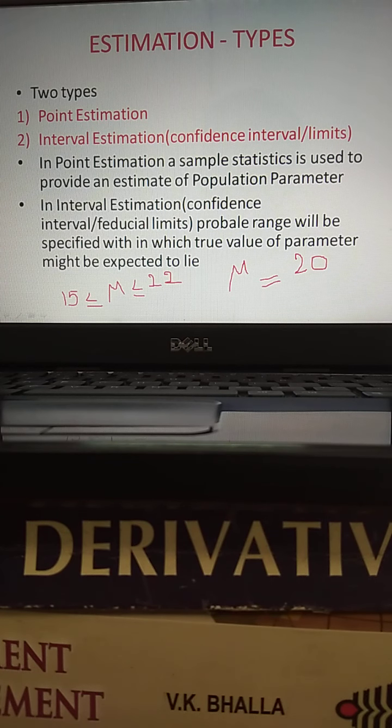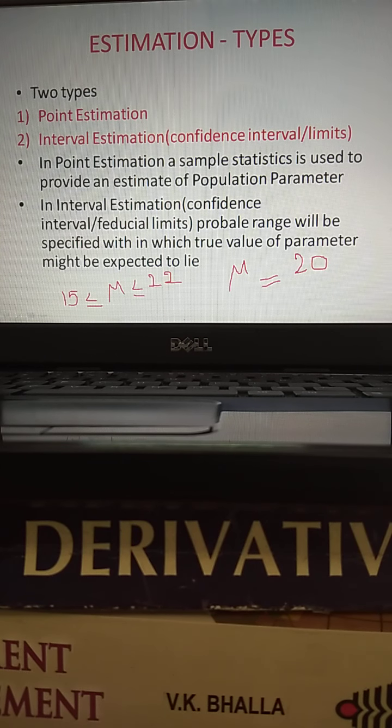In sampling theory, the information about the population is called the parameter. In point estimation, you provide a single numerical value as the parameter answer. But in interval estimation, you provide the gap, the range, the lower limit and the higher limit of the population parameter.